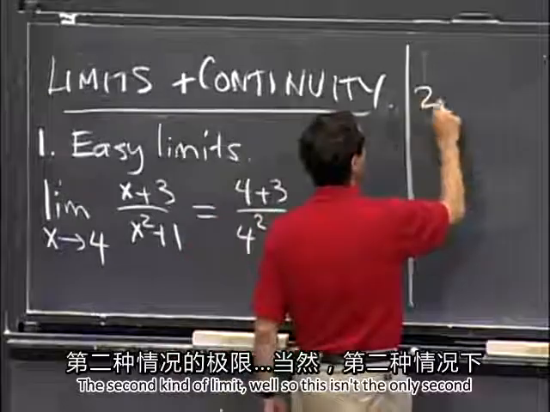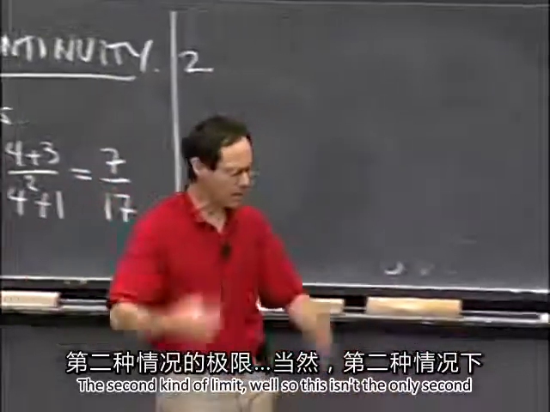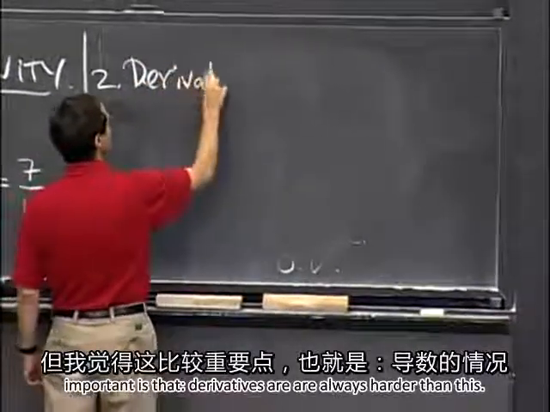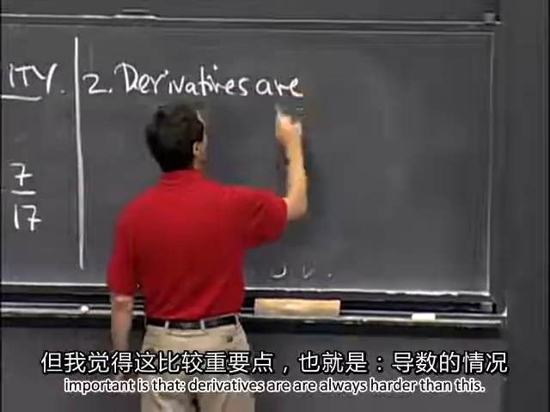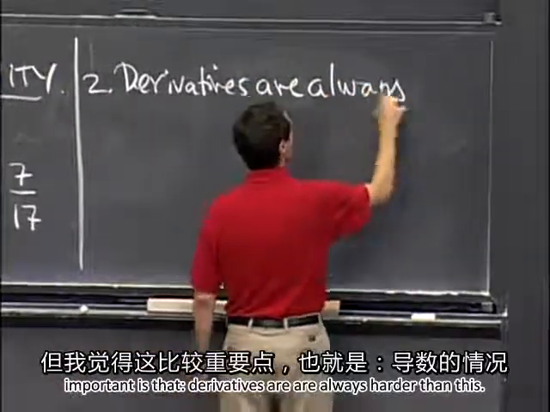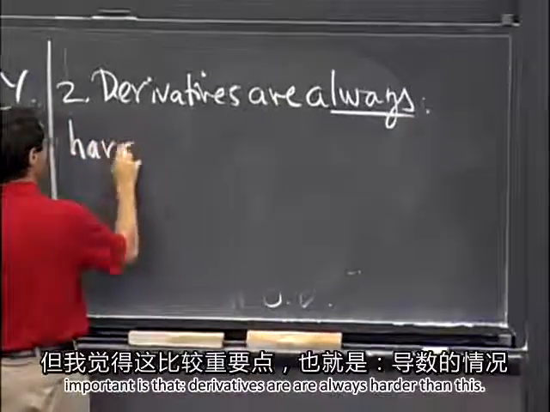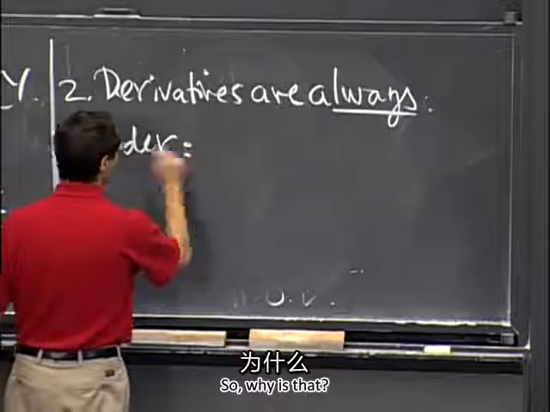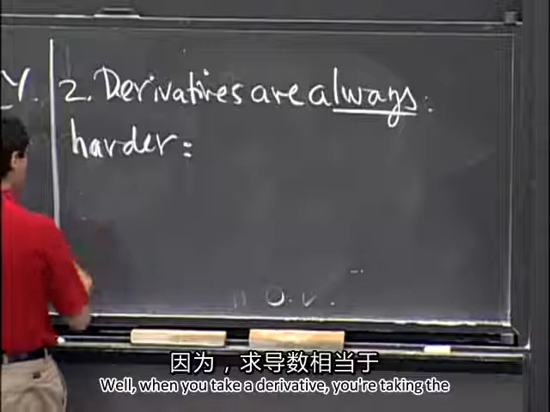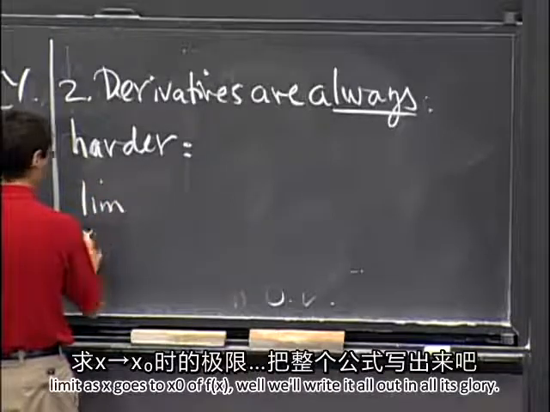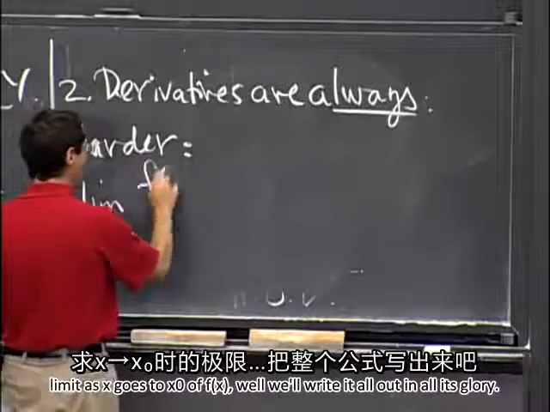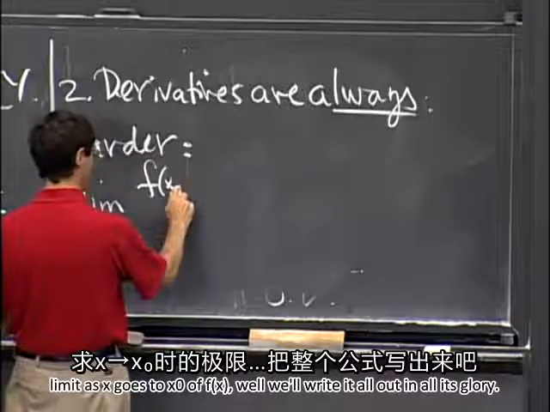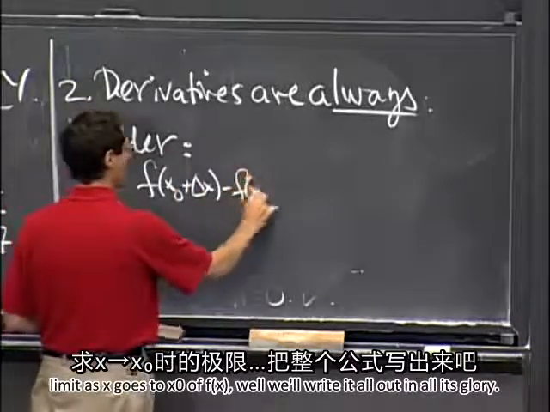The second kind of limit, well, so this isn't the only second kind of limit, but I just want to point this out. It's very important that derivatives are always harder than this. You can't get away with nothing here. So why is that? Well, when you take a derivative, you're taking the limit as x goes to x0 of f of x, well, we'll write it all out in all its glory.